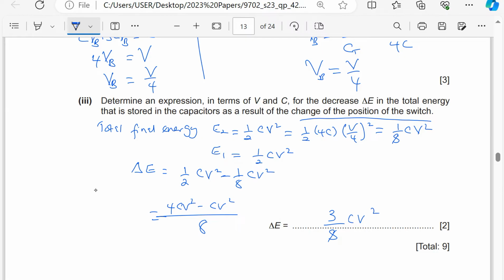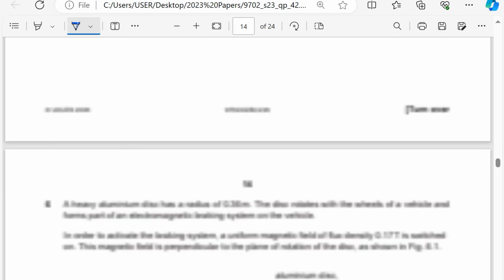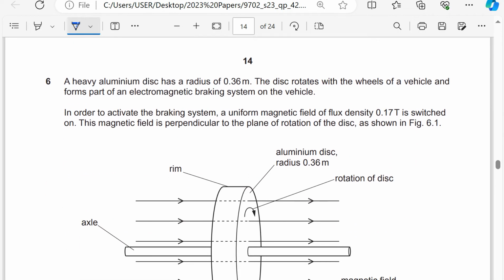So the change is 3 over 8 CV squared. That is the answer here. Okay, that is all about capacitance.